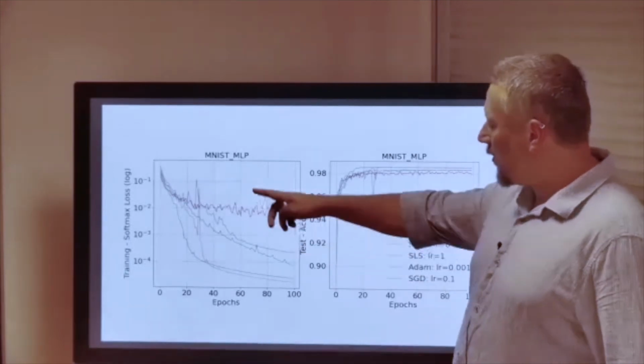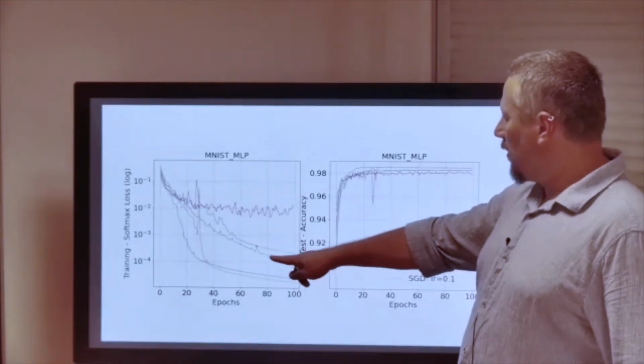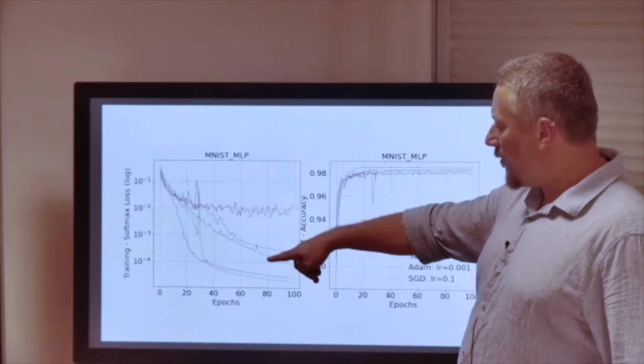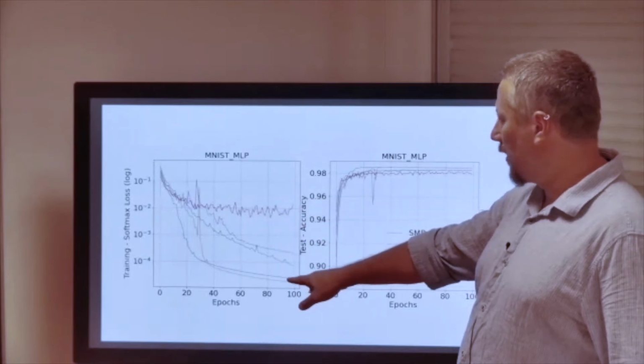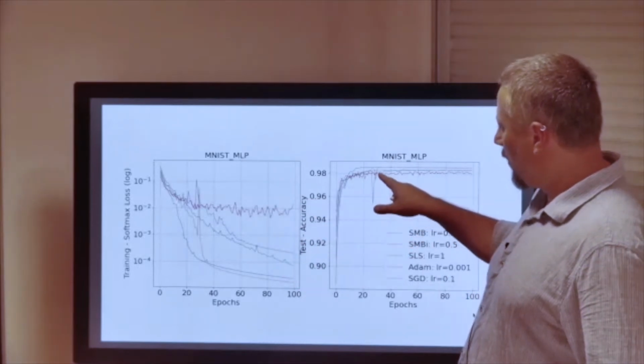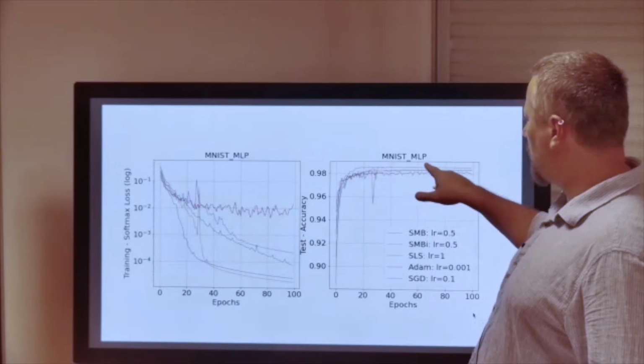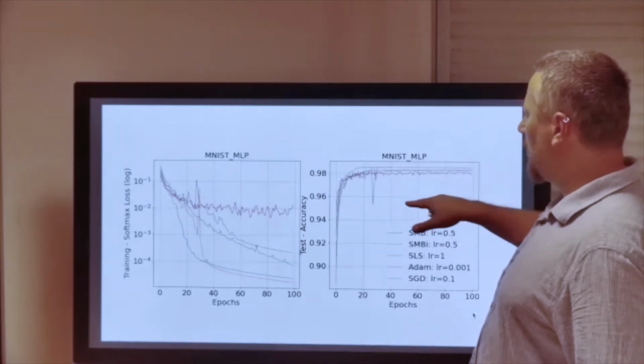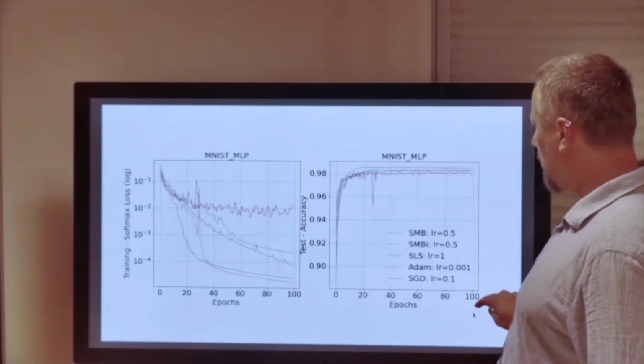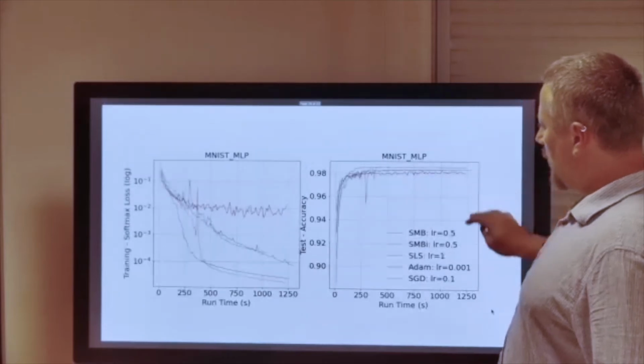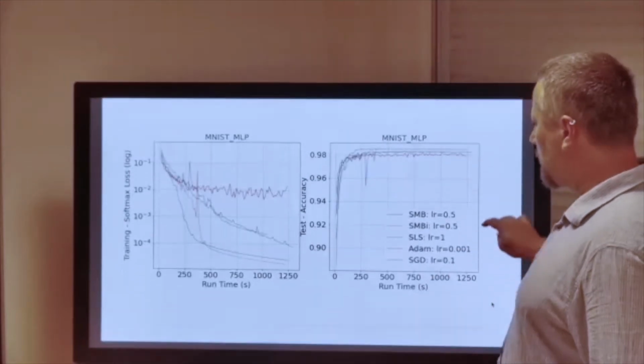For MNIST data, you see that actually it behaves very similar to the regular SMB method, a little bit worse, I would say, because it reaches this good accuracy later than SMB does, in terms of runtime.